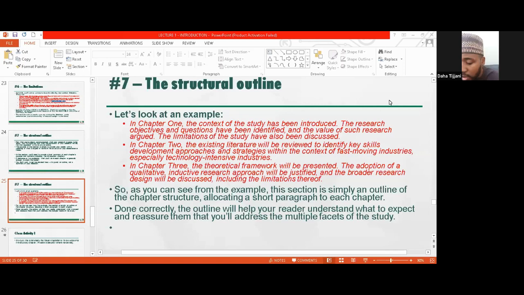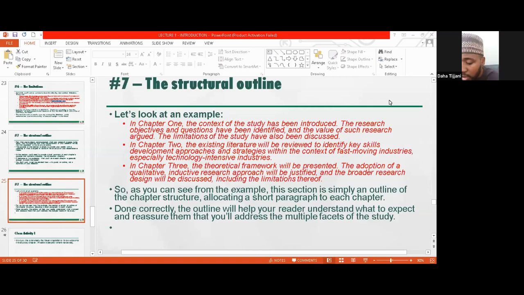For chapter 2, you mention something like the existing or extant literature will be reviewed, and the approaches and strategies within the context of fast-moving industry, or especially the technology-intensive industry, will be looked at. Also, you need to draw your theoretical framework, your conceptual framework, your research framework, which will all be in chapter 2.